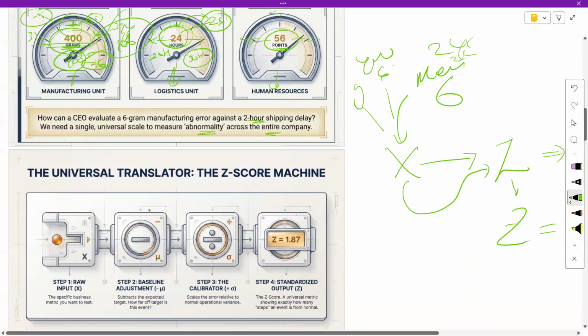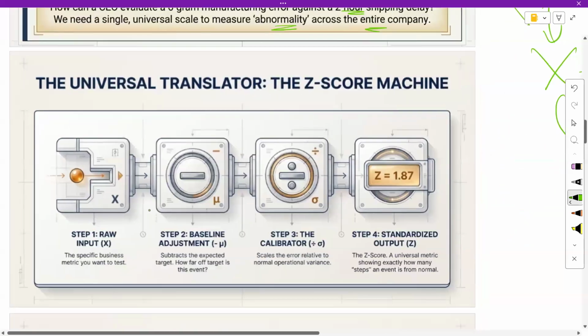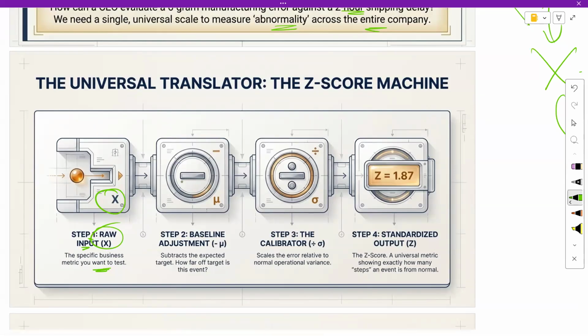Here, the universal translator, the Z-score machine. Step number 1, the raw input. What's the input? X is our raw input, the specific business metric you want to test. And then we have to deduct the mean from the x value. Minus baseline adjustment, right?